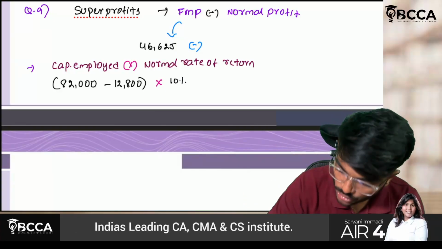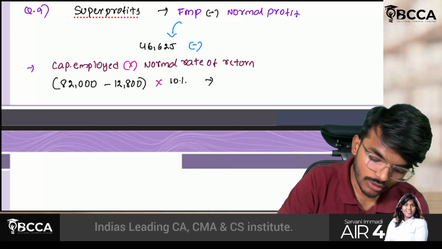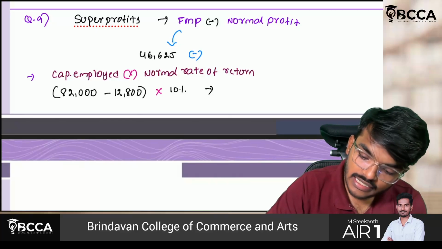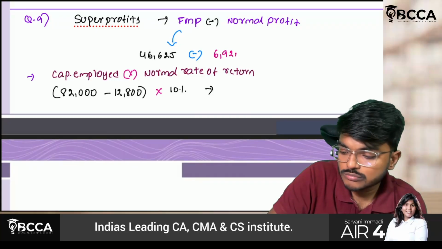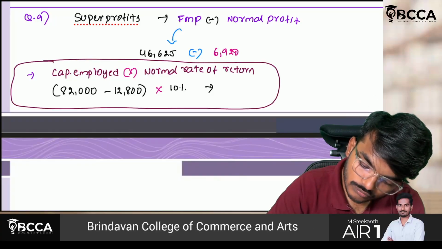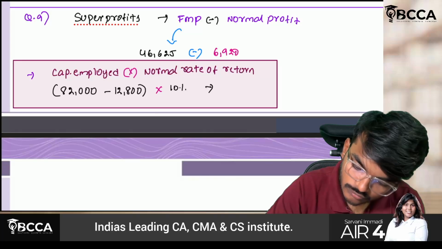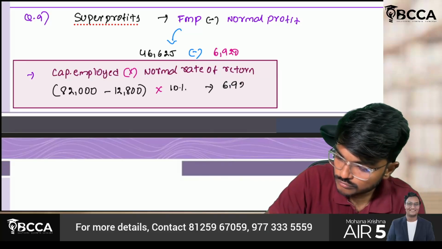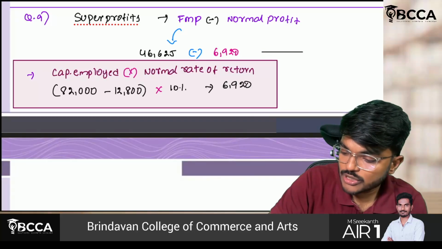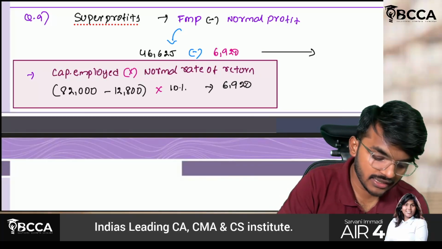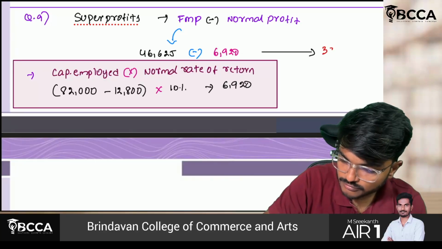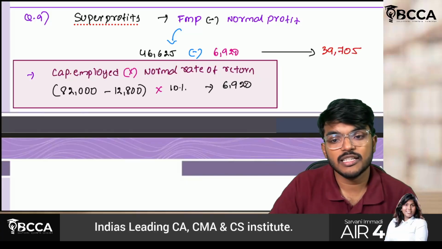This will give me my normal profit. 82,000 minus 12,800 into 10% gives 6,920. 6,920 is my normal profit. So my super profit is 46,625 minus 6,920, which is 39,705. This is my super profit.